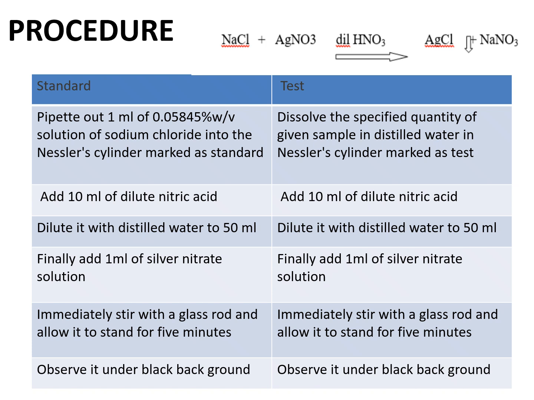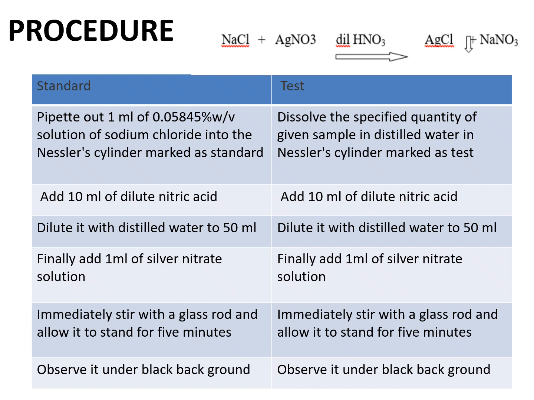To both the test and the standard, we add 10 ml of dilute nitric acid. After that, dilute it with distilled water up to 50 ml. Then finally, we add 1 ml of silver nitrate solution to both the test and the standard.